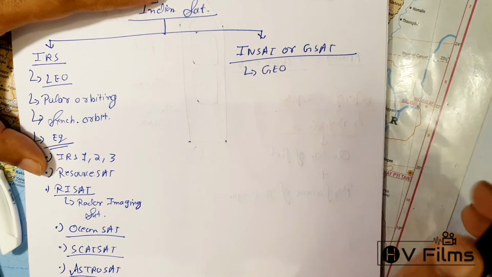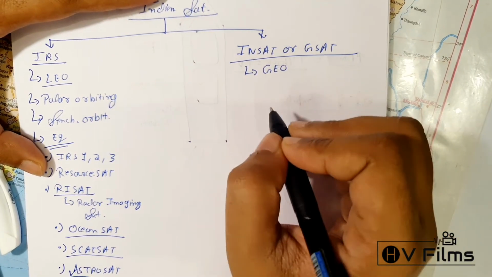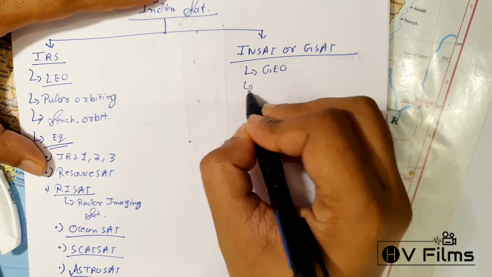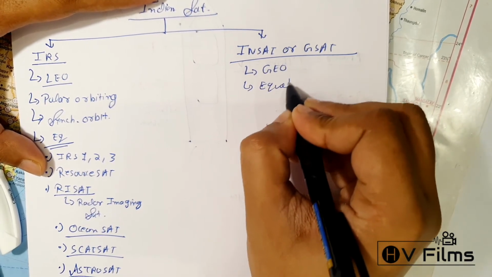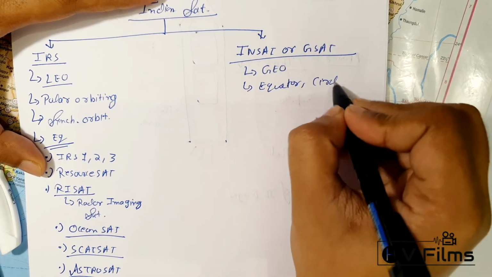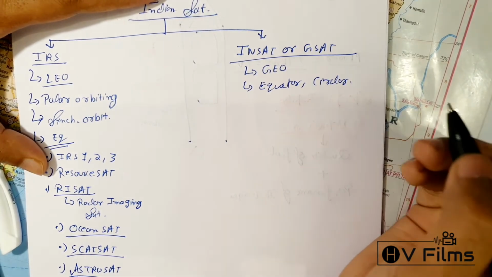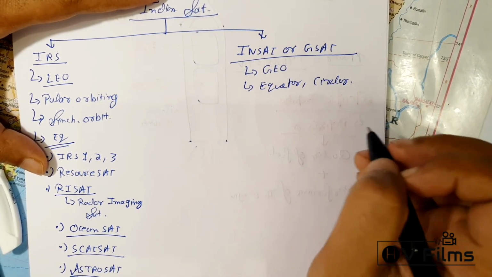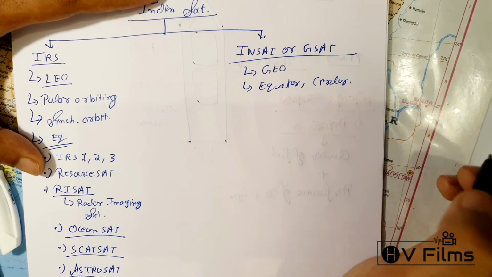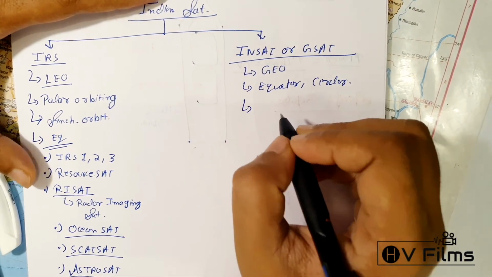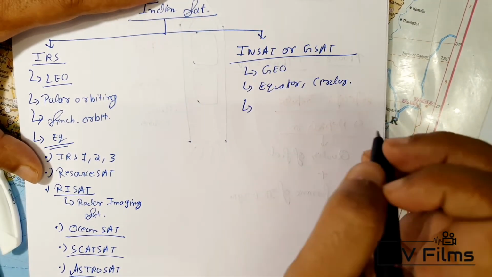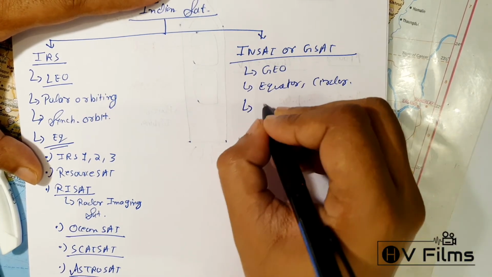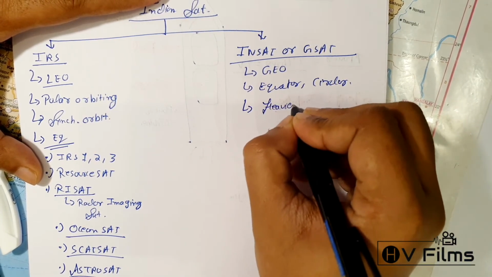Otherwise, everything is the same. They are generally placed in the geo orbit, so they can be at the equator, in a circular orbit itself. They are in generations like INSAT 1, 2, 3. And more importantly, as they have to be launched to a very great height, 36,000 kilometers, they are heavier satellites.